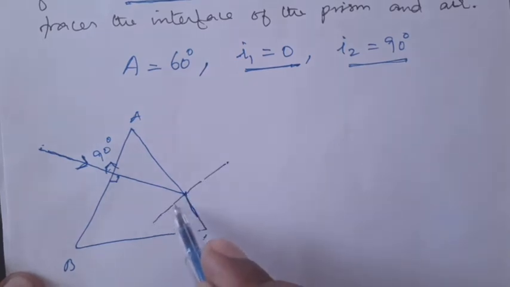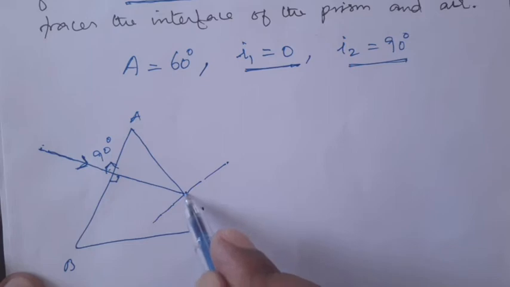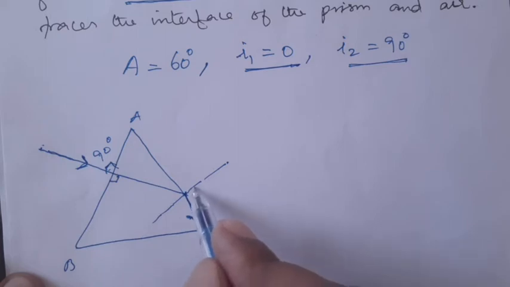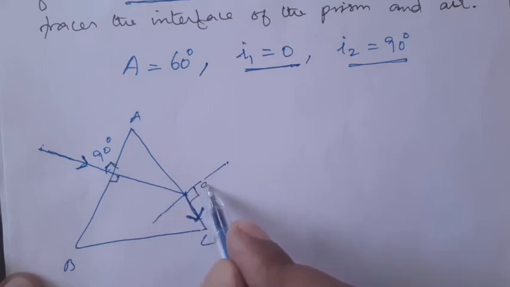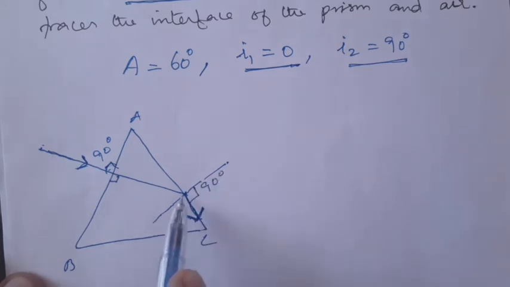While refracting from prism to air, it just passes through the interface of prism and air. So this again is 90 degree. Now if you extend this ray, this is our deviation.